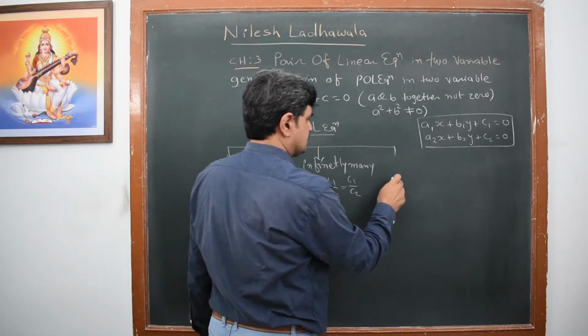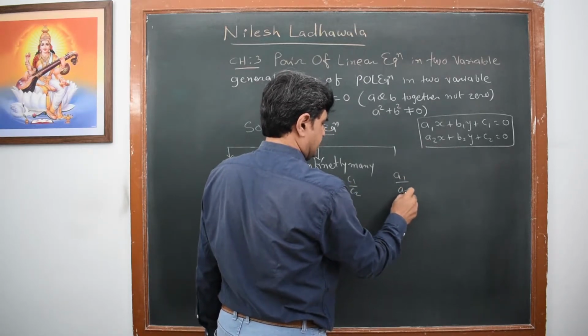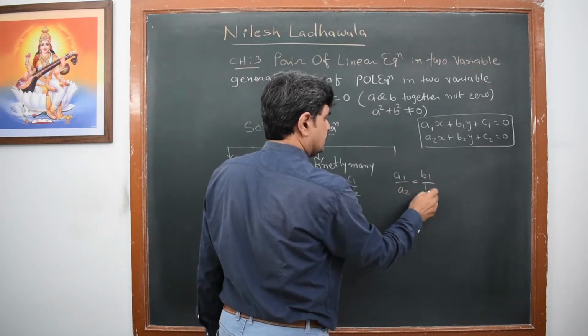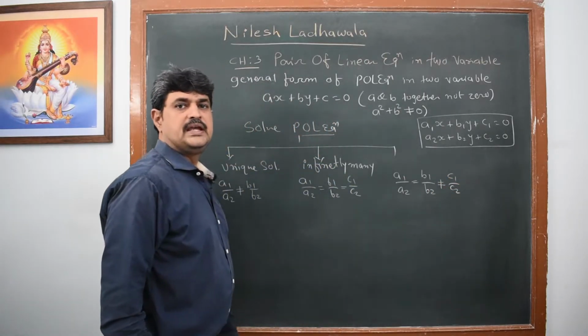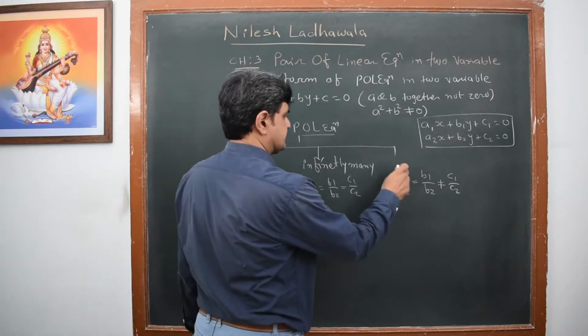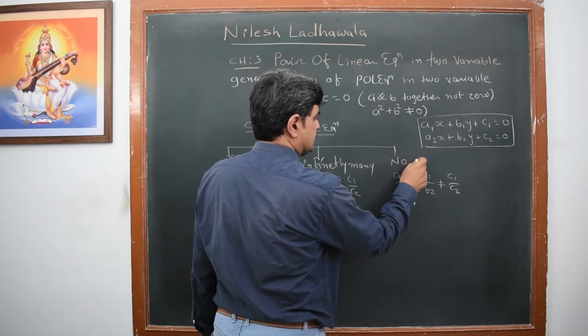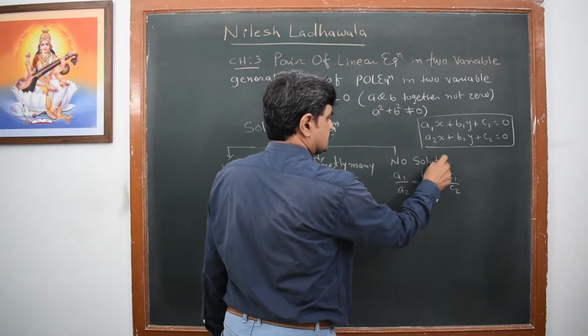And the third condition which is possible is a1 upon a2 is equal to b1 upon b2 is not equal to c1 upon c2. If we have such a condition, we can say that the pair of linear equation has no solution.